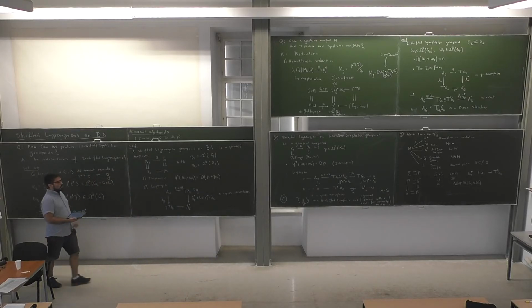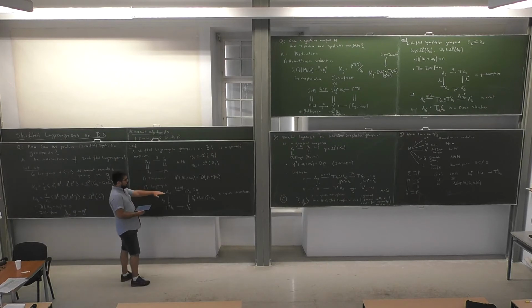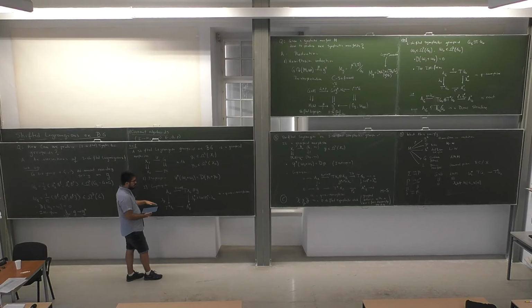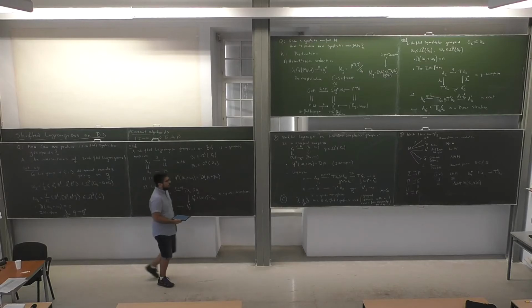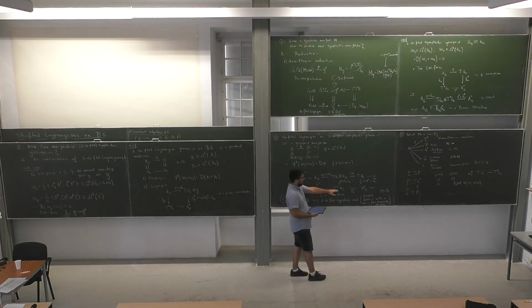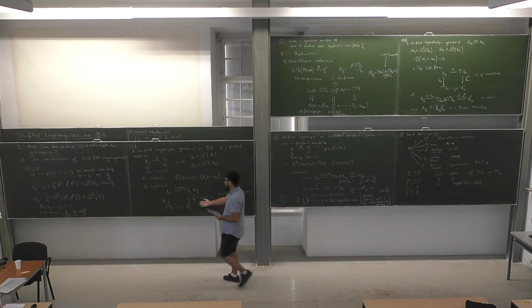So what do we have here? Well, in the row upstairs, what we have is the mapping cone of the tangent of this morphism. And here I have the cotangent, shifted by 2 minus 1, that is 1. While here the cotangent is shifted by 1 minus 1, that is 0. So there is a general rule.